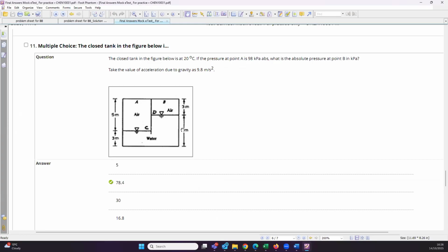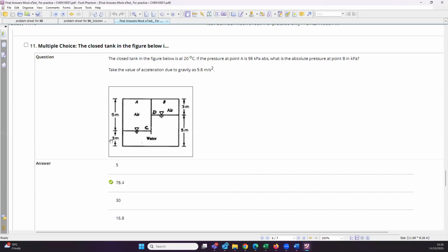Okay, so we know this side. But from this side, we know that this elevation, and if you go in the same plane, this point is 3 meters from the bottom because we know from this side. Yes? So what is the height from this point to this point? It is 5 minus 3 here.